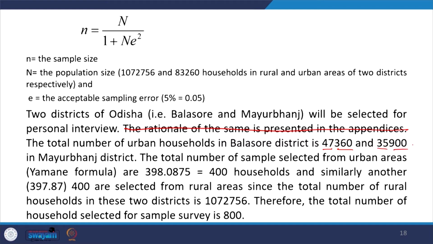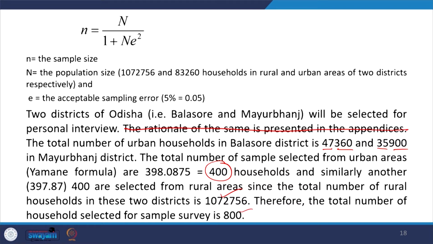The total number of samples selected from the urban areas as per the Yamane formula, if you apply this formula, you will find 400 households. Similarly, another 400 are selected from rural areas with this formula based on the 2 districts and their population size. So, the total sample to be taken is 400 plus 400, that is 800.